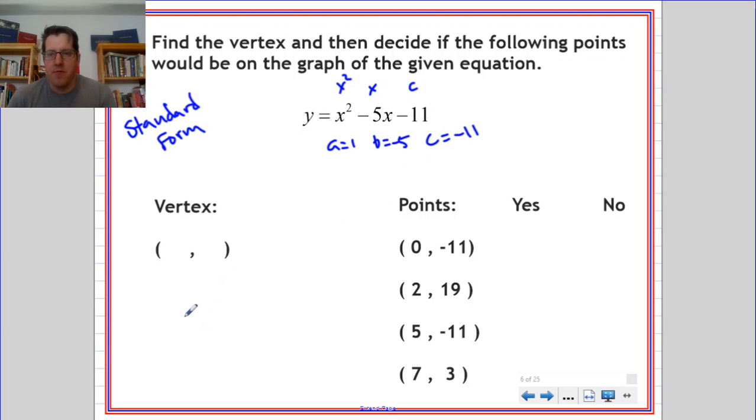To find the vertex, if it's in standard form, you do x equals opposite of b over 2a, which in this case is the opposite of -5, which is +5, over 2 times 1. So the x-coordinate of our vertex is 5/2, which is 2.5.